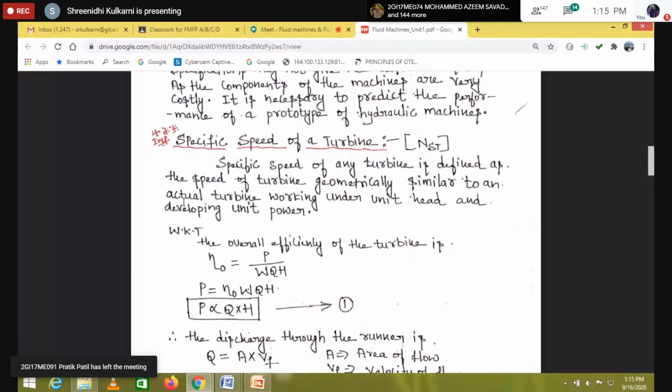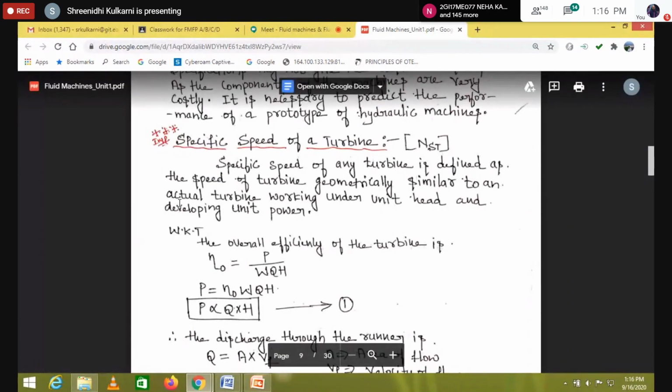If it gives the desired result, then I can scale it up. Got it? Later I can scale it up, so that we can call it as the specific speed. In that specific speed, we are considering everything as a unit. So here unit head and unit power.